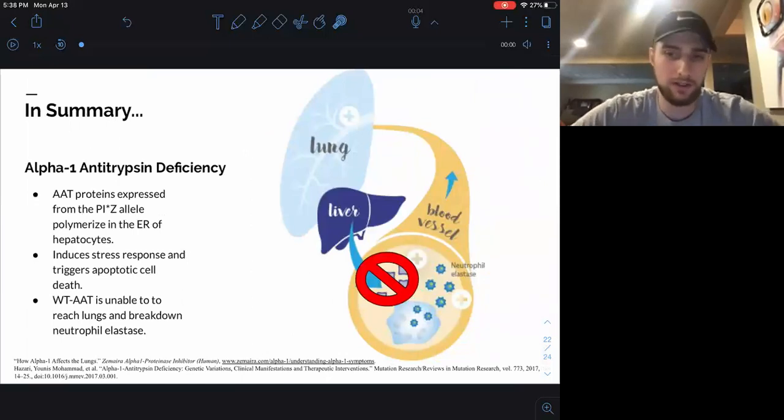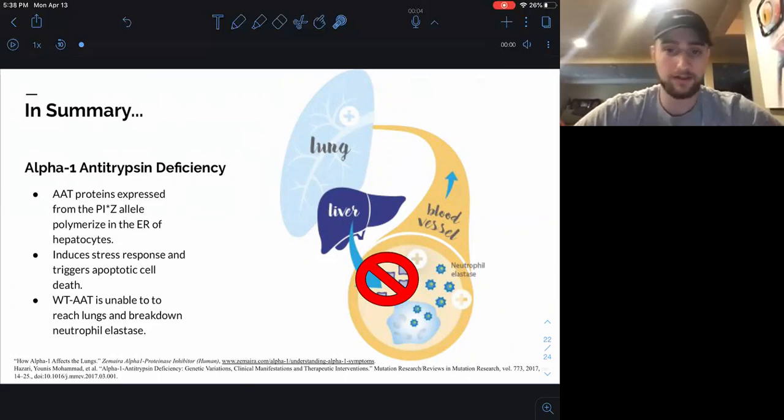So the accumulation of misfolded AAT proteins in the endoplasmic reticulum of hepatocytes can lead to liver disease. And due to this inability of mutated AAT to exit the liver, it cannot reach the blood, and neutrophil elastase activity is unopposed.